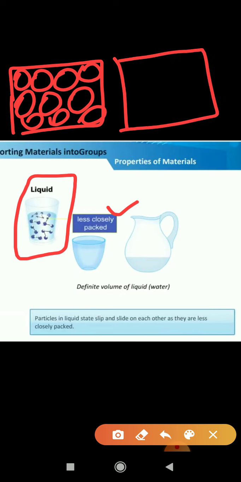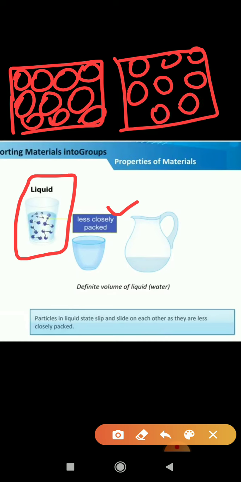So you can see here the arrangement of particles of matter in a liquid. Less closely packed. In solid state, what we have observed is that the particles were arranged in a very close manner. But in a liquid state, the particles have a little bit of space between them as compared to solid.